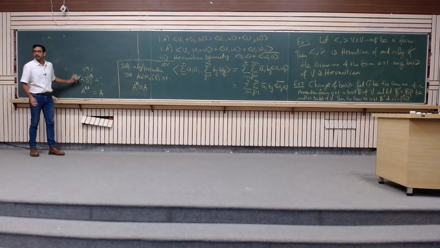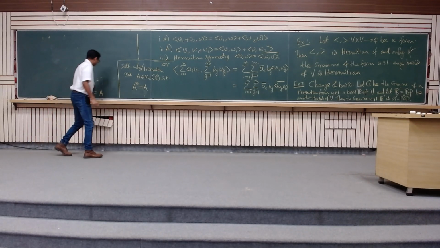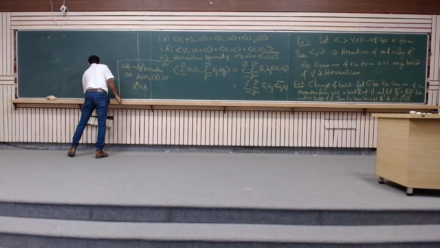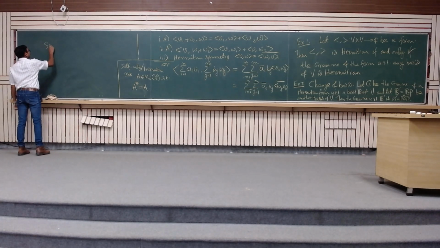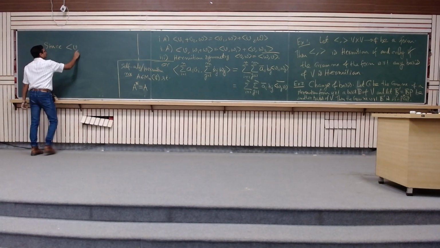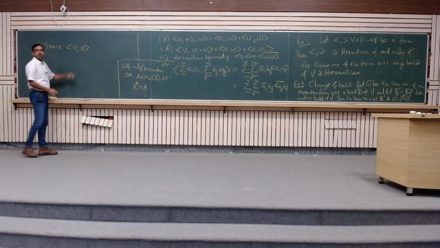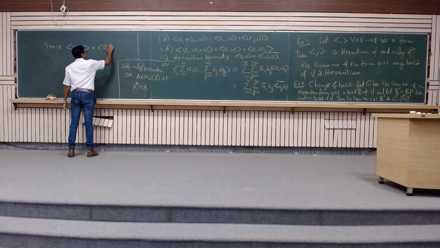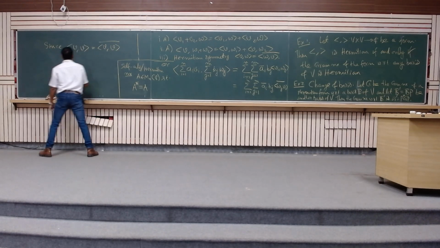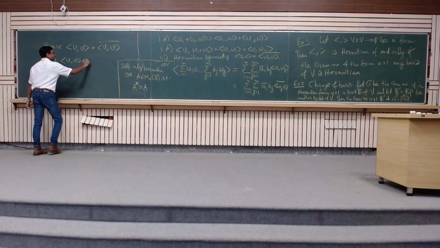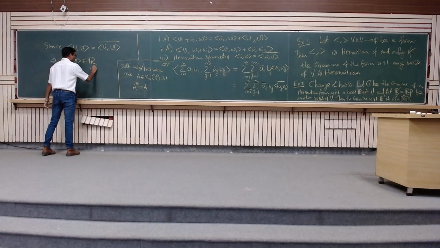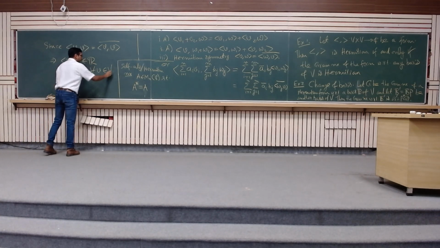We are going to see that in a moment. In particular, since VV for a Hermitian form is equal to VV bar, that implies this is real for all V in V.